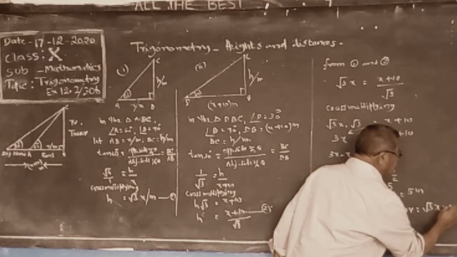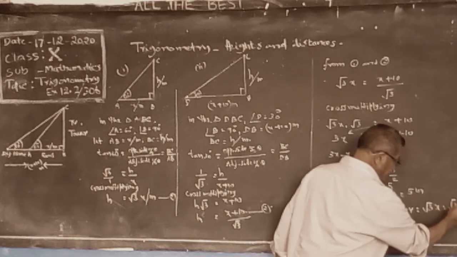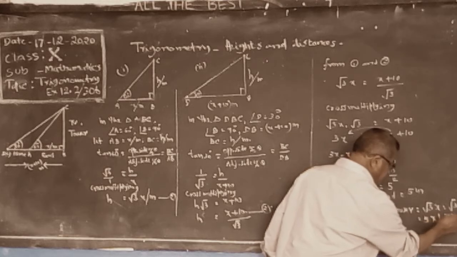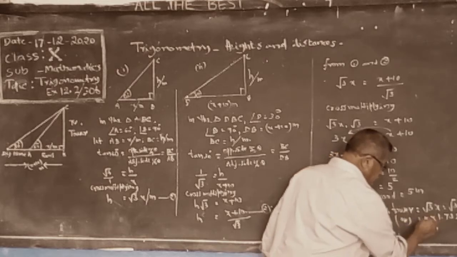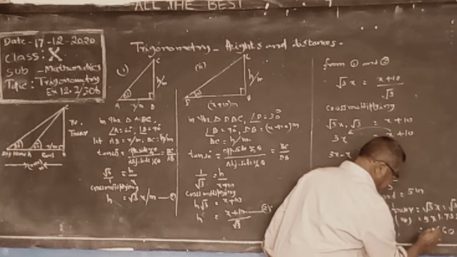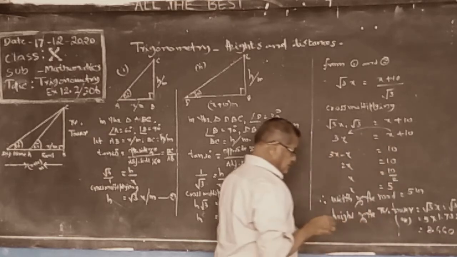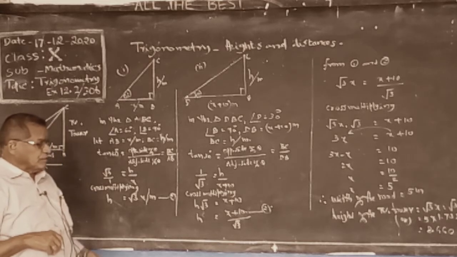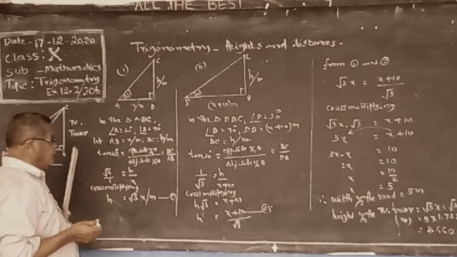The value of x is 5, so root 3 into 5, 5 into 1.732. 5 twos are 10, 15, 1 is 16, 35, 1 is 36, 8. So this is 8.66 meters. The height of the TV tower is 8.66 meters, and the width of the road is 5 meters.